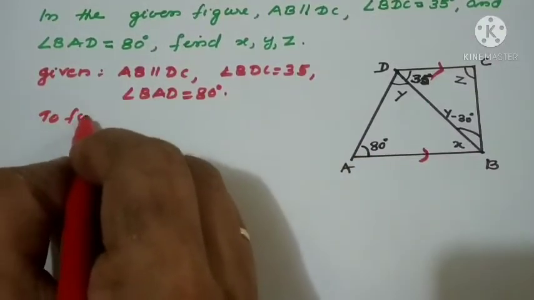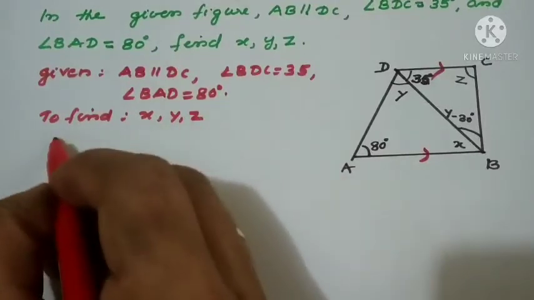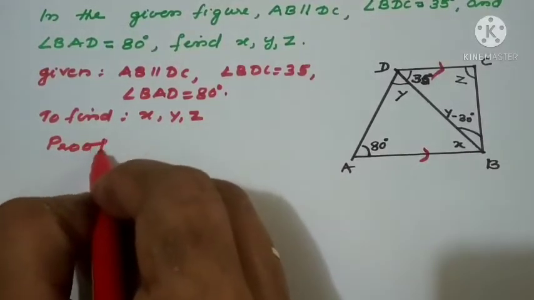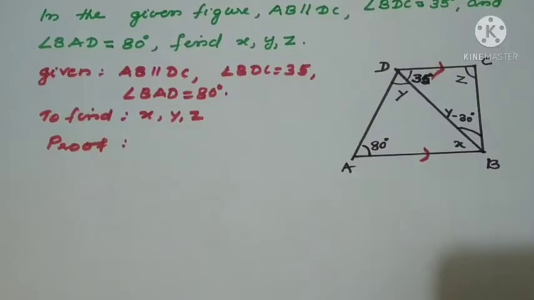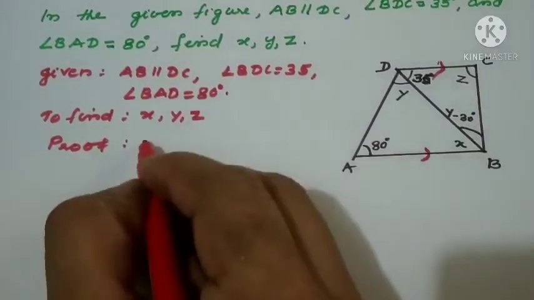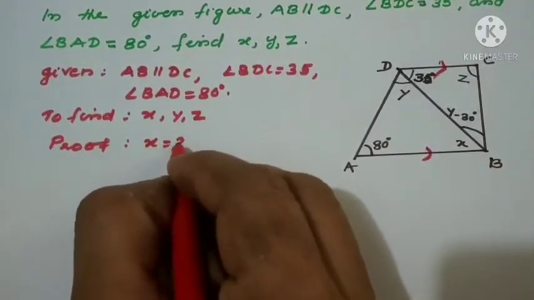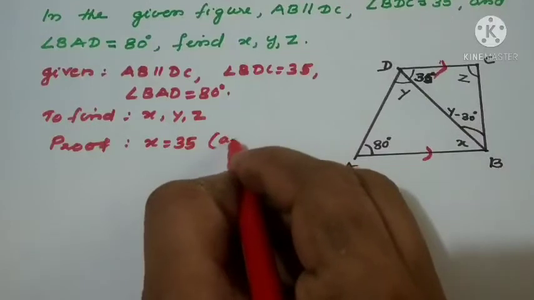To find XYZ. Proof: AB parallel to DC, so angle X equals 35, right? So X equals 35, alternate interior angles.